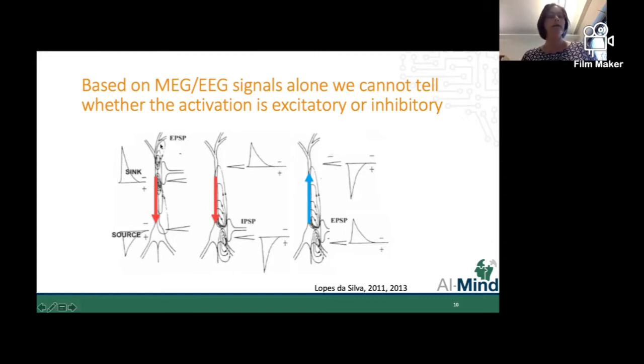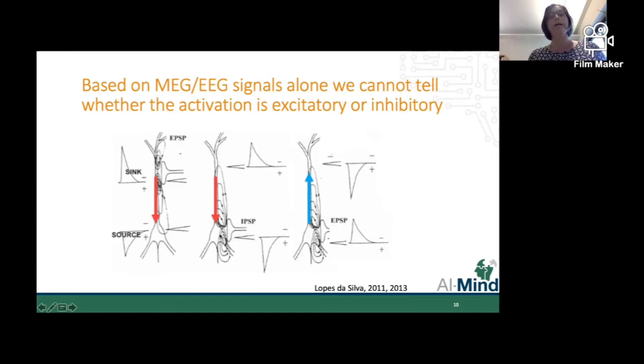We have the pyramidal neuron, and in this first example, there is an excitatory synapse in the apical dendrite, where many of the excitatory synapses are located. And we see a typical current flowing towards the soma. Now, for an inhibitory synapse, quite often located at the soma.